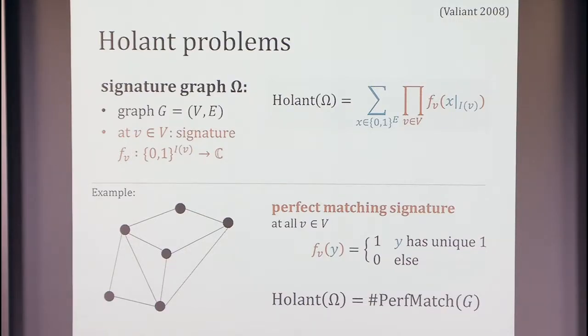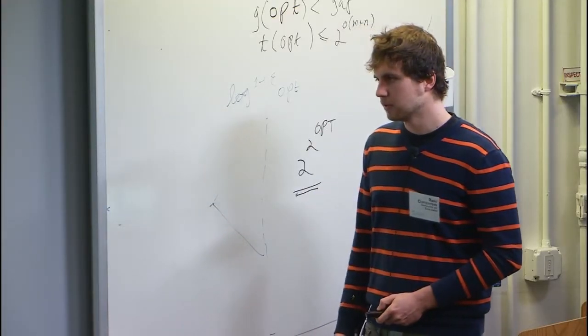So to give an example for this, this would be an edge assignment, and the blue edges are those that are labeled 1. Then this bottom vertex here, this vertex v, will look at its incident edges. It will see that there is exactly one edge which has label 1, so the signature will output 1. And in fact, every vertex will do that, because of course every vertex has a unique edge incoming.